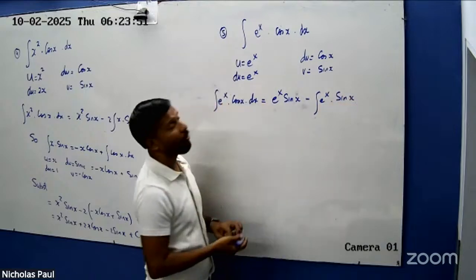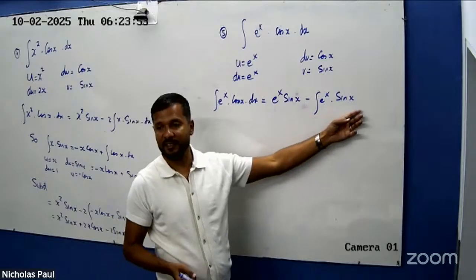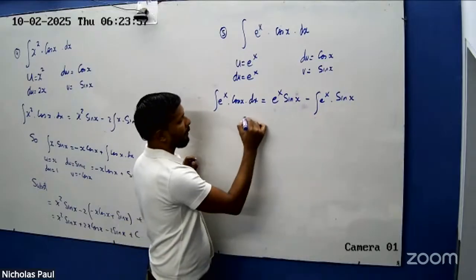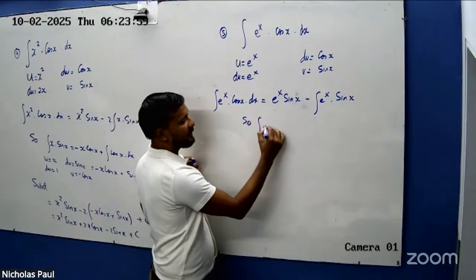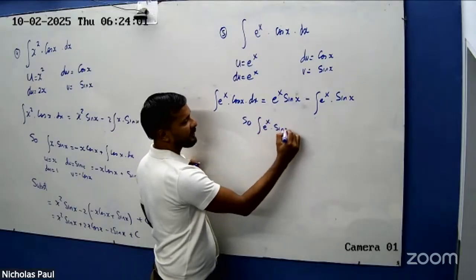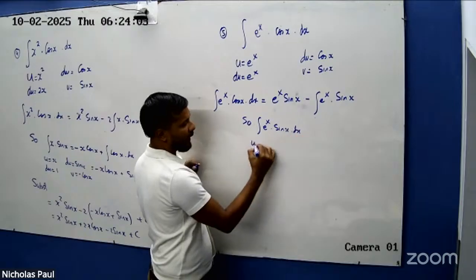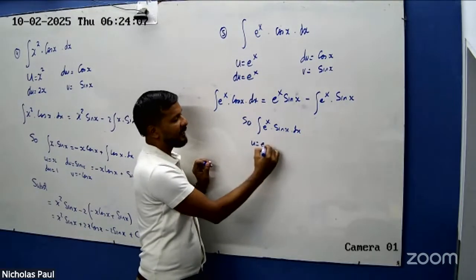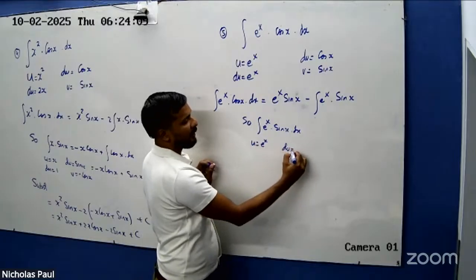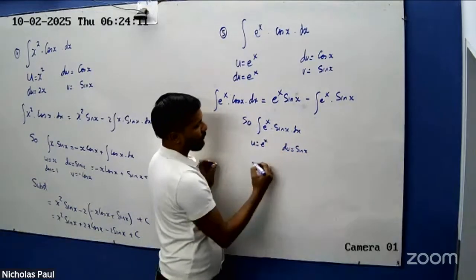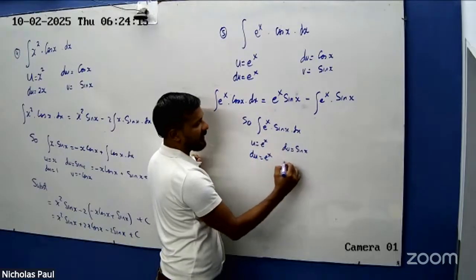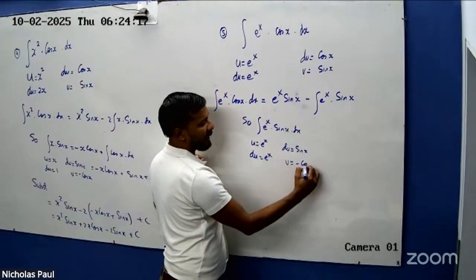Right, so you all recognize that you still have e to the x and sine x here, right? Wasn't much help, right? So when you integrate e to the x sine x, you will get u. If u is e to the x, leave it like that. Leave dv as the trig. Right, du is still e to the x, v is minus cos x.